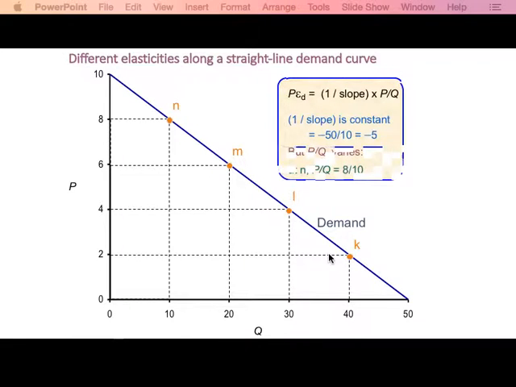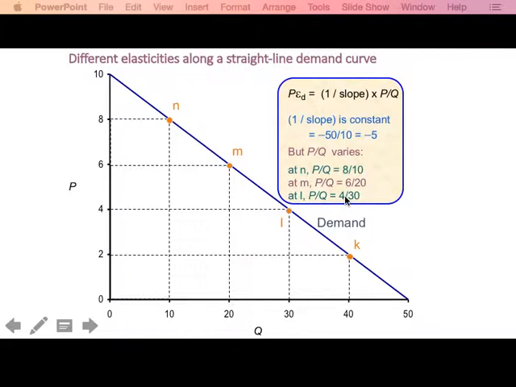But if you go down further and plug in the numbers P and Q, they vary. 8 over 10 at point N, 6 over 20 at point M, 4 over 30 at point I, and 2 over 40 at point K. You see, it's changing.